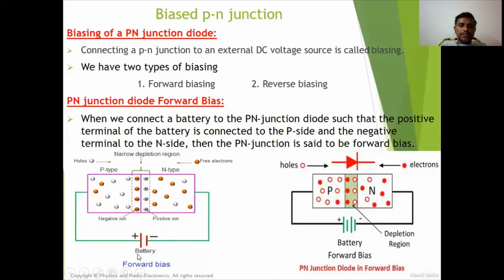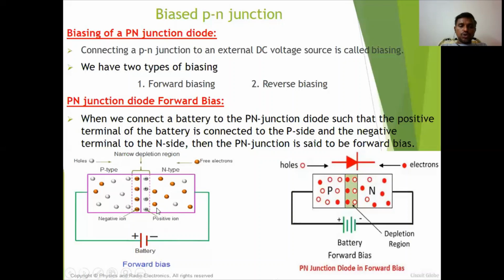But if you apply some external bias or external voltage in the direction opposite to the electric field present in the depletion region, what happens? If you observe here, plus is connected to the p-type, where the electric field in the depletion region has minus. Minus is connected to the n-type material, where plus is in the electric field.